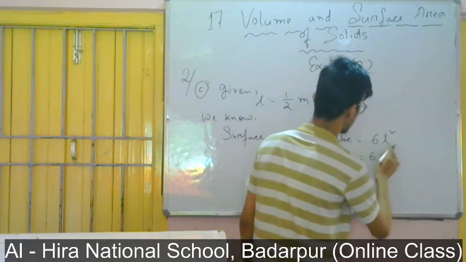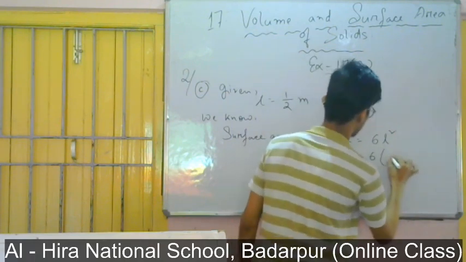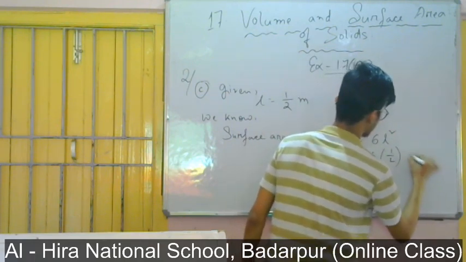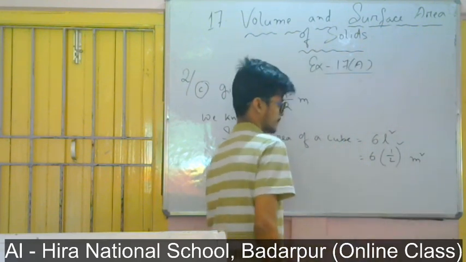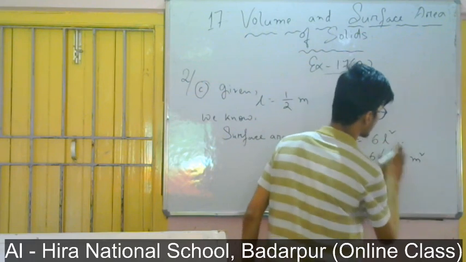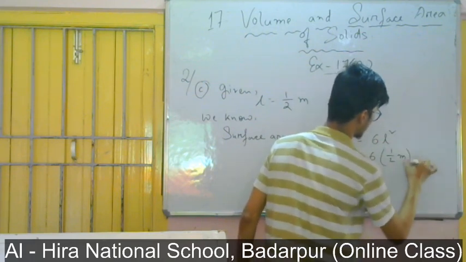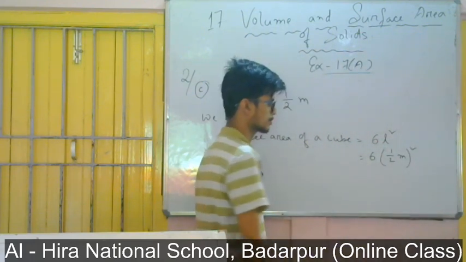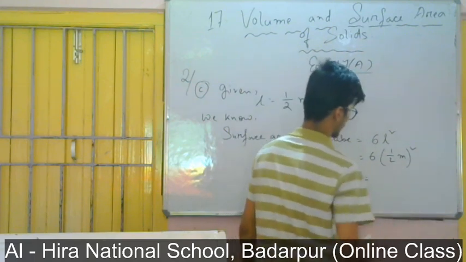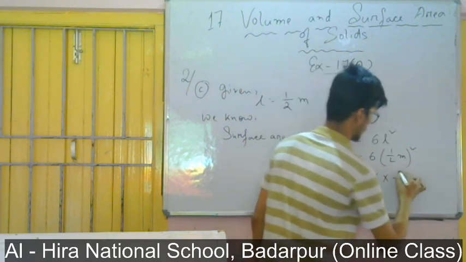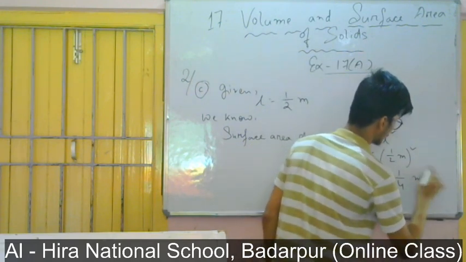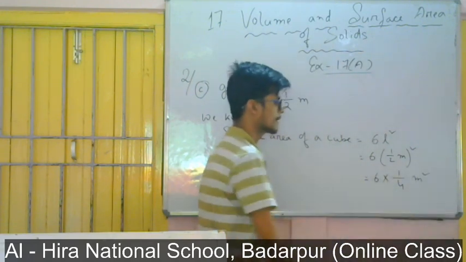So 6 will be here and length it is given as half, so 1 by 2 and the unit will be square, let me give meter square. If anyone wants to write meter here and then give square, you can give. It's up to you. So 6, and this one will be 1 and 2 square is 4, and then the unit will be meter square.